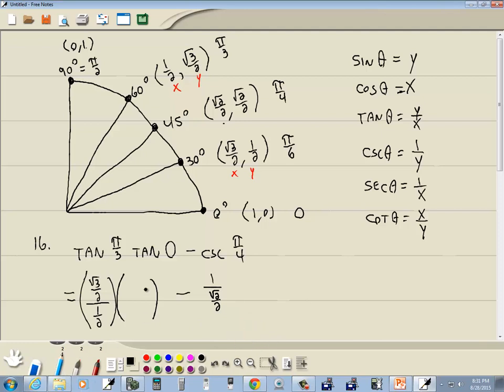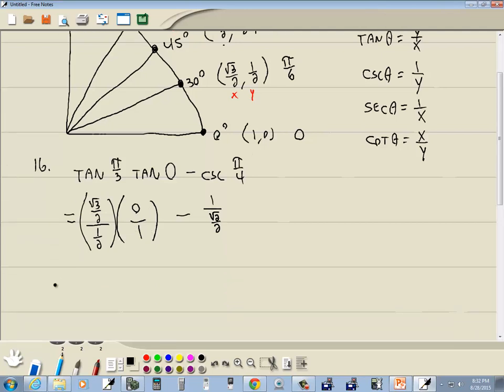Okay, so tangent 0. Well, here's 0 degrees here, and tangent is y over x. So this is x, this is y, so we'll have 0 over 1. Still doesn't come out like I originally planned, but that's okay. Because I could care less what this is equal to, because 0 over 1 is 0, and 0 times anything is 0. So that's a big 0 in this first part.